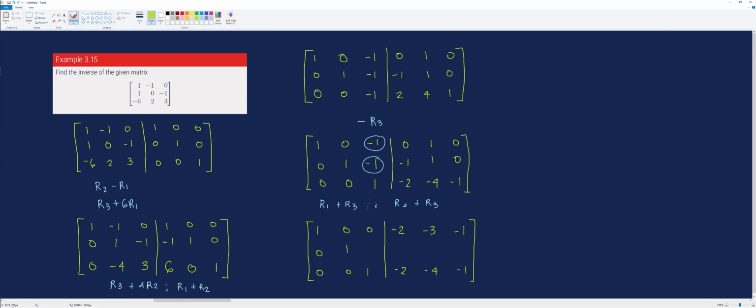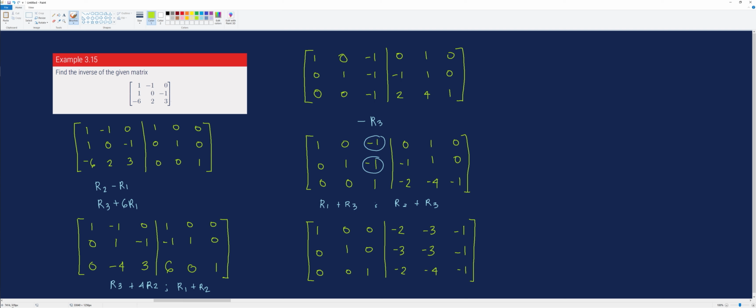Negative 1 plus 1 is 0. So we now have an identity matrix on the left side. So let's continue on the right side. That is negative 1 plus negative 2 is negative 3. 1 plus negative 4 is also negative 3. And 0 plus negative 1 is negative 1.